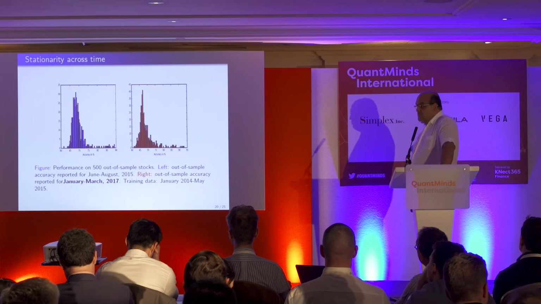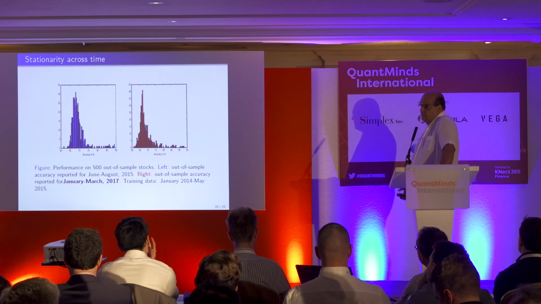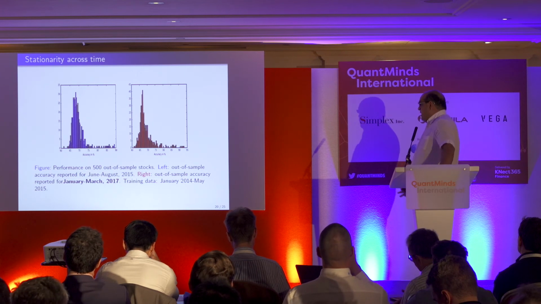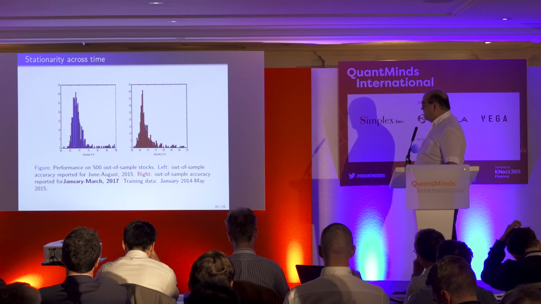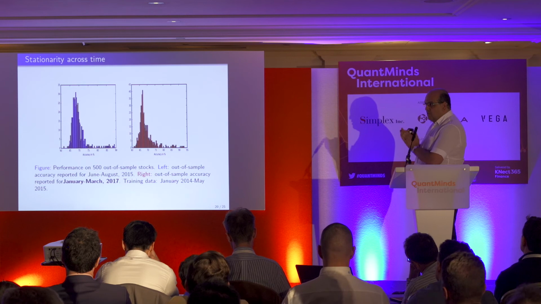Well, we don't see any evidence of this. And maybe the sample is too short because it's only 4 years, but come on, this is high frequency stuff. So I don't know. I have only the data I have, but we don't see any evidence that the accuracy deteriorates as you go away from the end of the training sample.